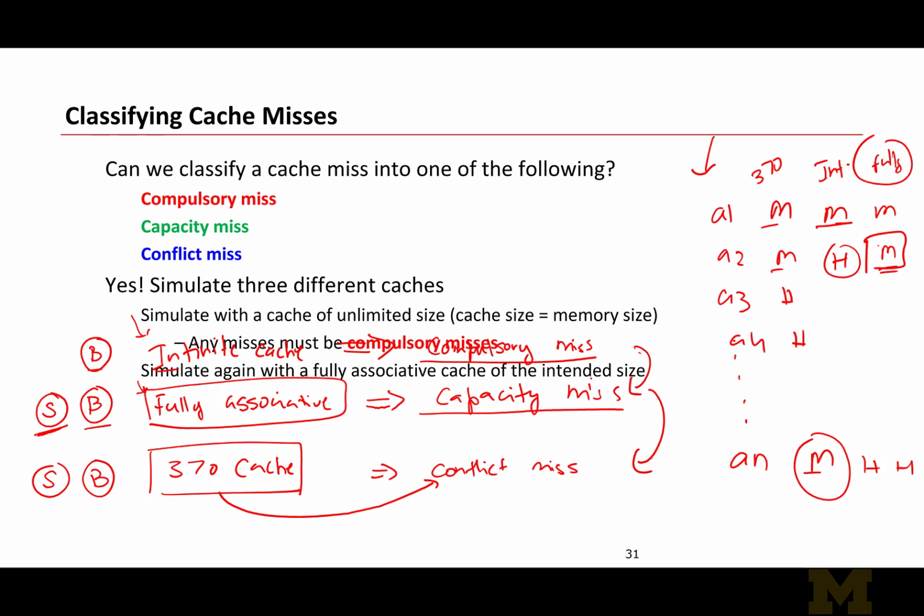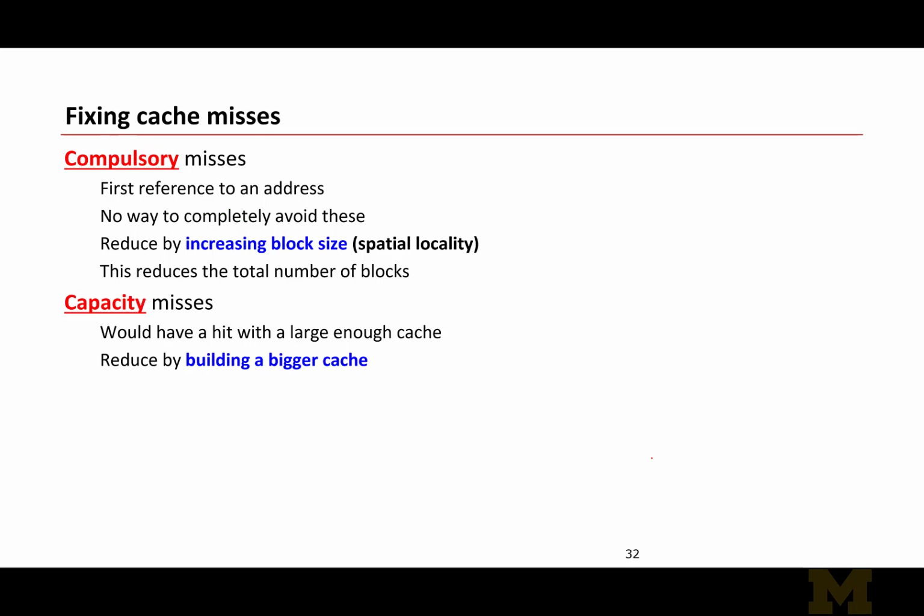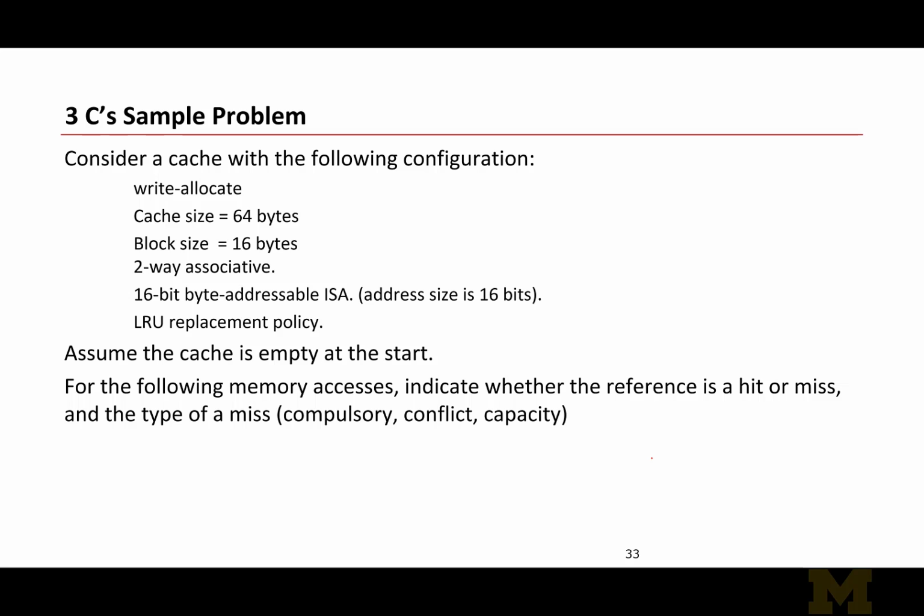Okay, let's now look at a simple example to understand how to classify misses observed for a particular address pattern. So I'm going to design a cache. Let's say this is my 370 cache.